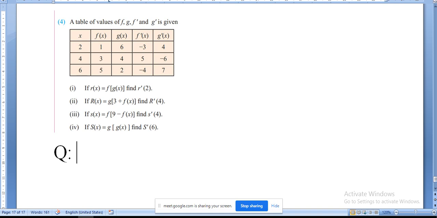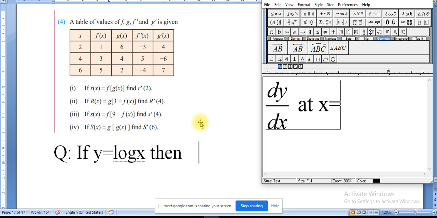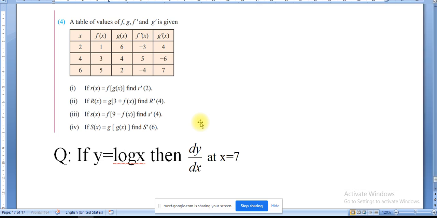If y is equal to log of x, then find dy by dx at x is equal to 7.